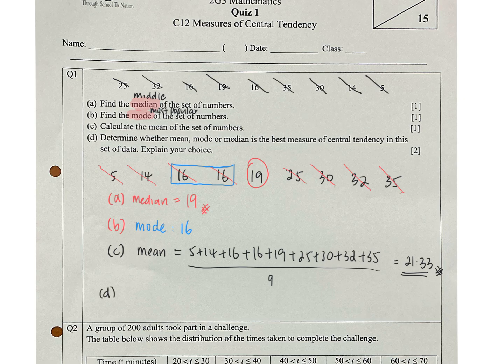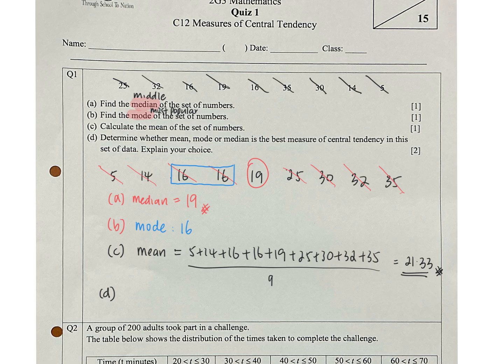Then the last one, they say out of these three, which one is the best representation of the center? Best measure of central tendency means which one is the best to measure the center, right? If you look at the set of data, this part here is pretty balanced, but you have one very small one as compared to all this.